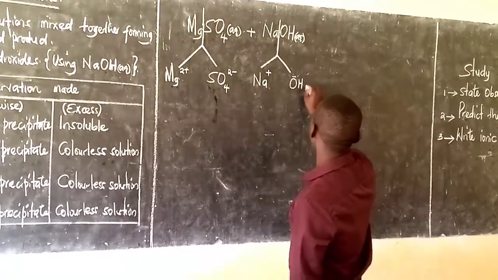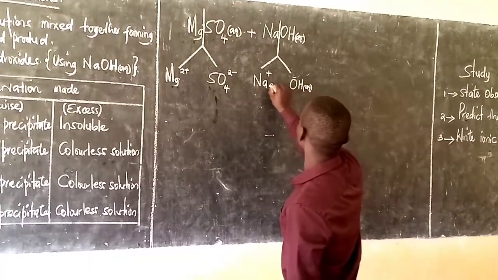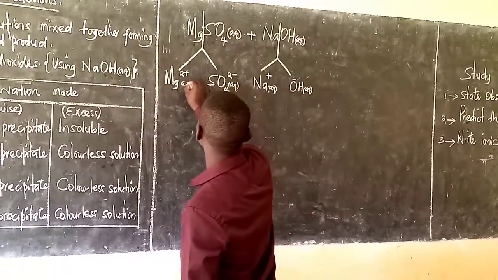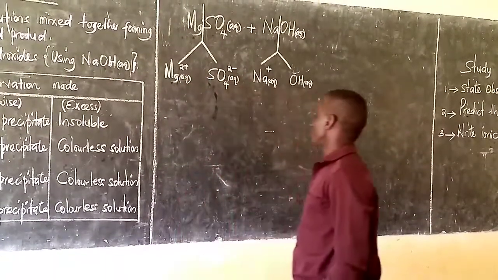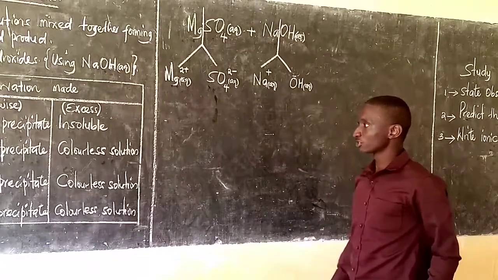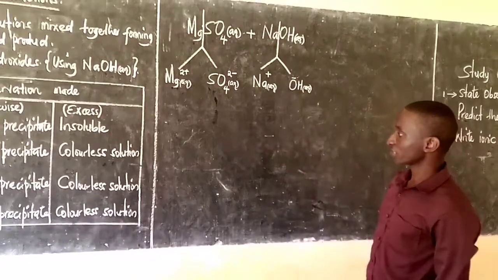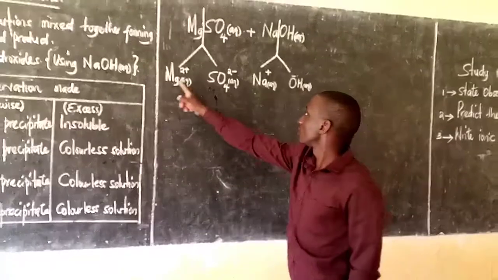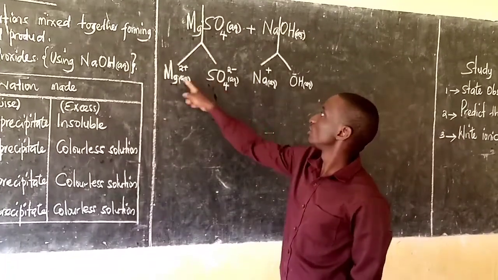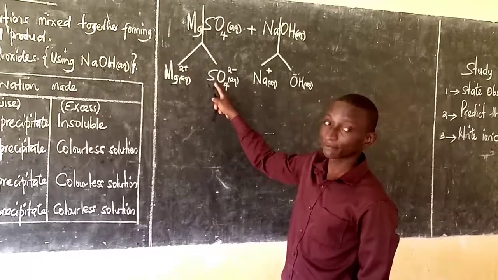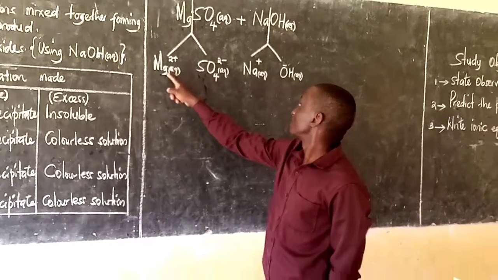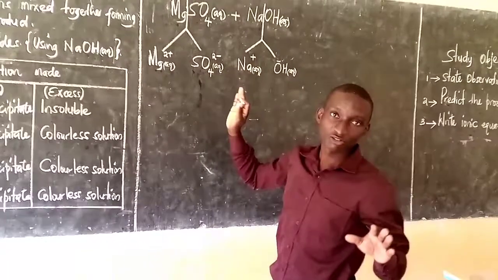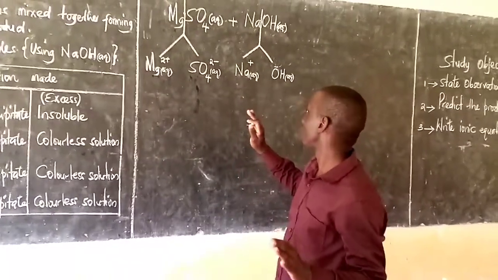All of this is in solution, aqueous. What are the possible combinations that we can come up with in such a case? The prediction of the products that can come out. This one has already been combined with this, so these two cannot combine to give us the product. What comes next? Can this combine with this? A positive and a positive cannot combine, so we leave that one out as well.